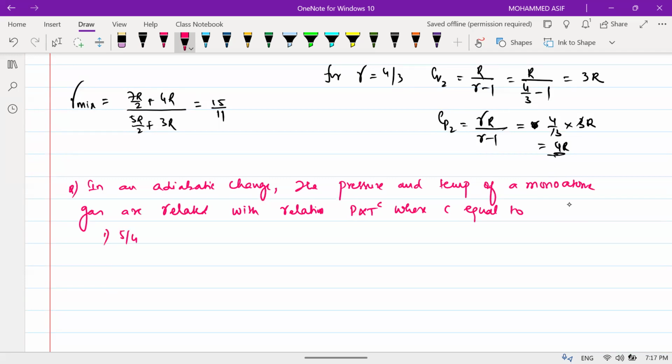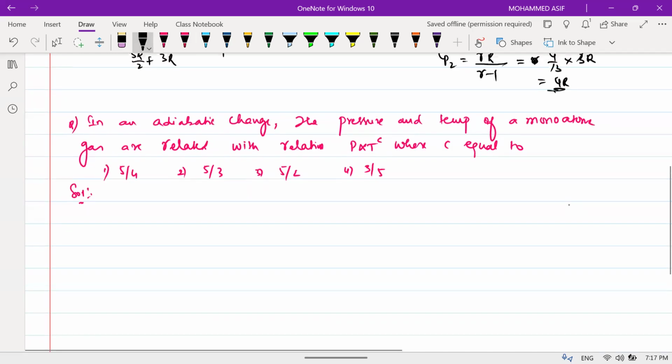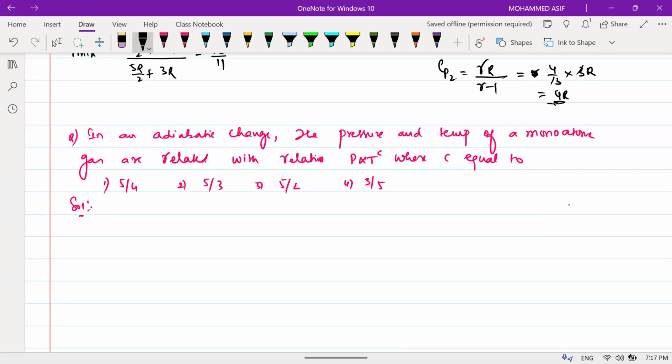First option is 5 by 4, 5 by 3, 5 by 2, 3 by 4. In an adiabatic process, given relation is right now P T to the power of C.